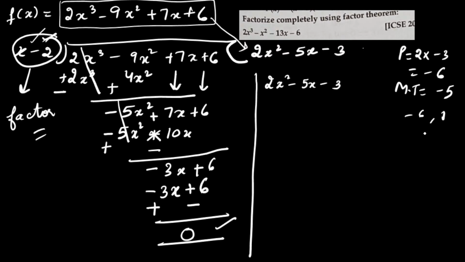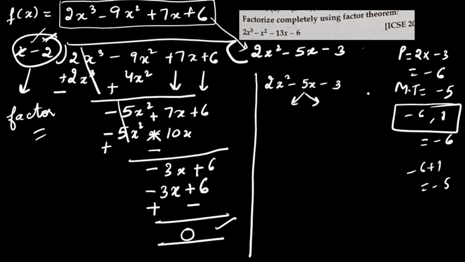Because when we multiply minus 6 and 1, the product is minus 6, and when we add minus 6 plus 1, the answer is minus 5. So that is required. When splitting the middle term, the addition of the two numbers should equal the middle term and the product should equal this product. So 2x square minus 6x plus x, minus 3.